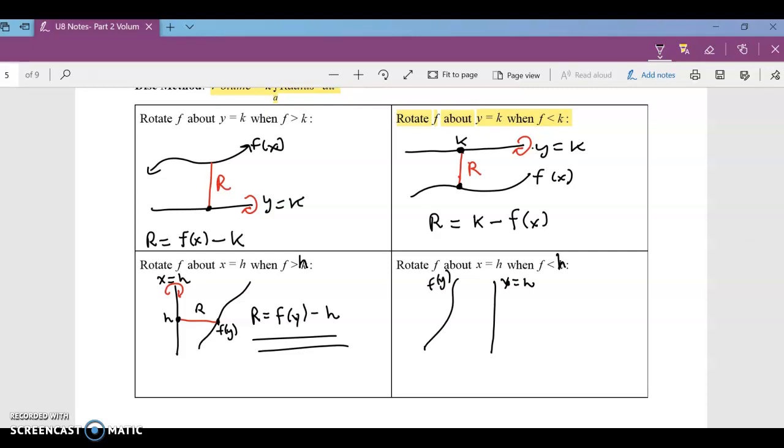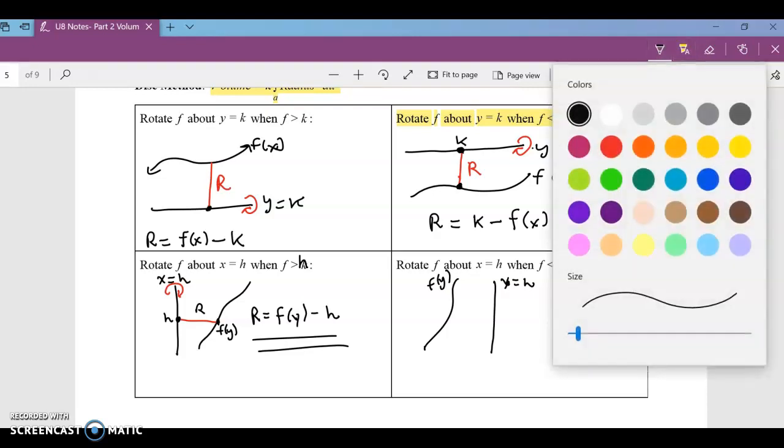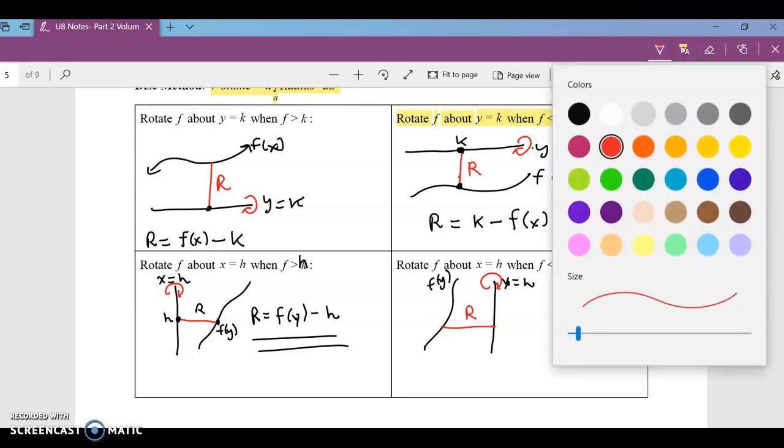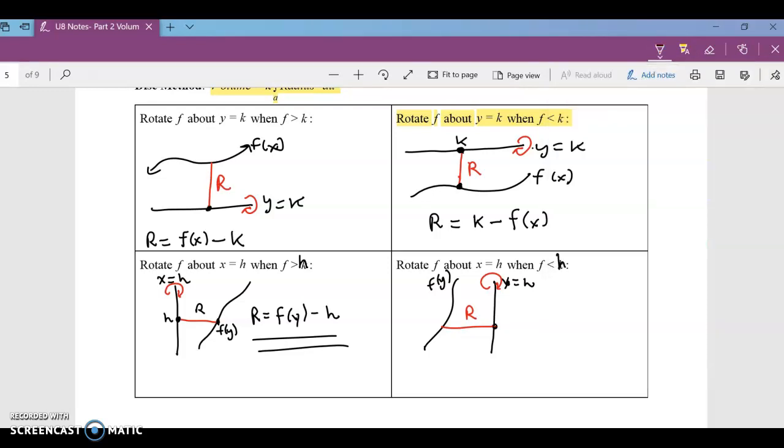I'm going to rotate about this vertical axis, which means I need to draw a radius perpendicular to that axis. And so this is my r. Since it's horizontal, I start with x on the right, which is just the value of h, and x on the left is some function value dependent on y. And so the radius is equal to h minus f of y.